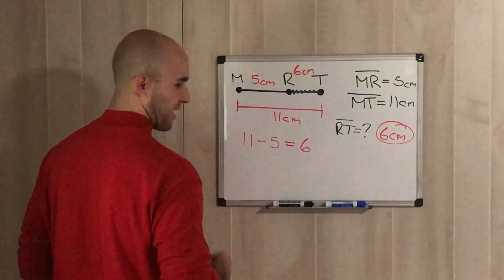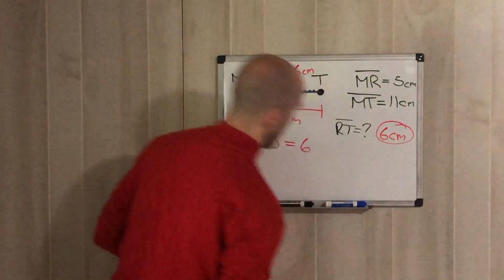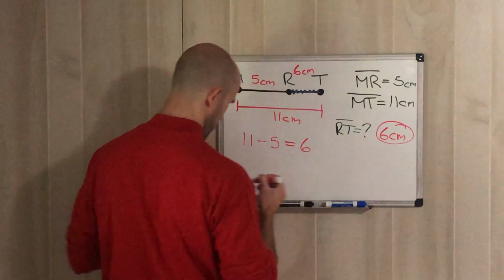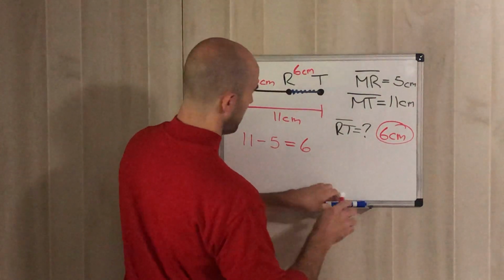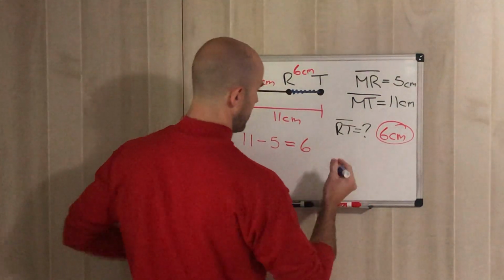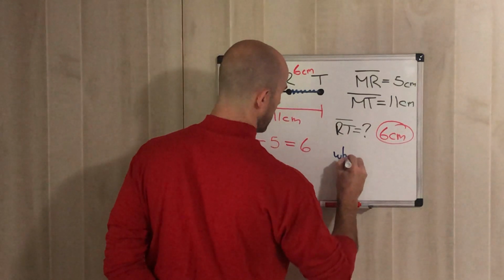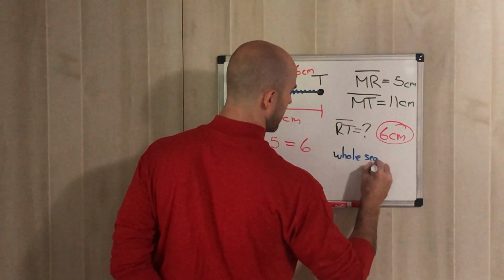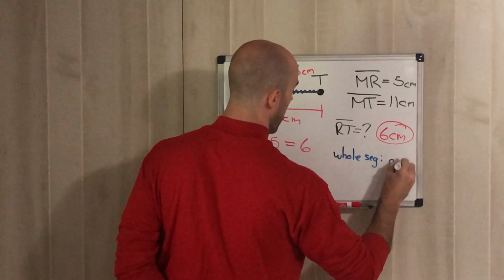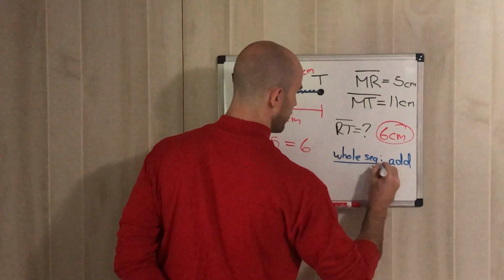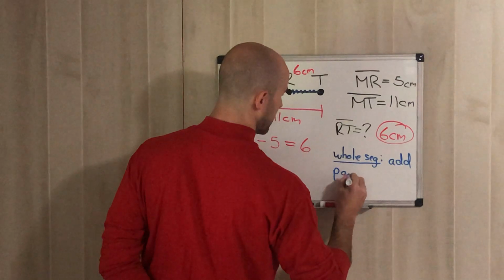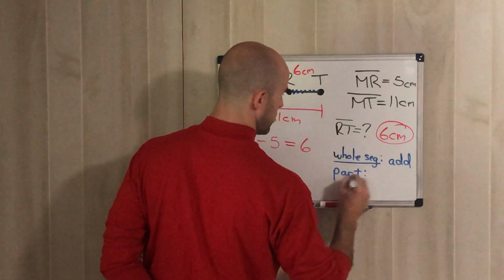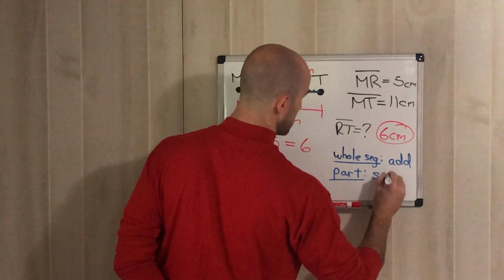But always remember, guys, and there's a small note for that. If you're trying to find the whole segment, you add. Always add. And if you're trying to find a part, you subtract. Always.